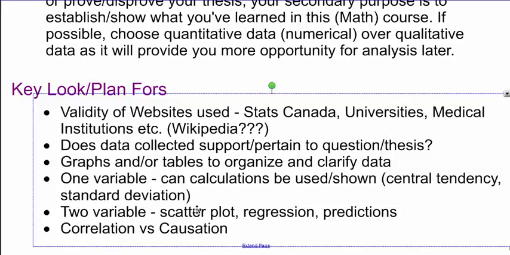Two variable data. Basically what we dealt with there was scatter plots, regression, and predictions. So of course if you can include something like that, all that much better. And with respect to correlation versus causation, this is fairly advanced: you're talking about two sets of values being compared in scatter plots.